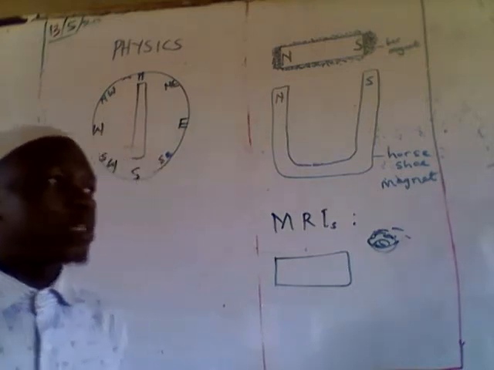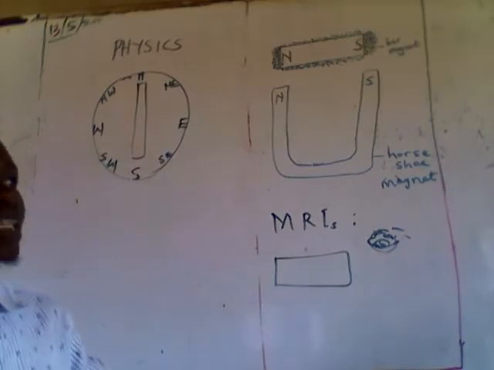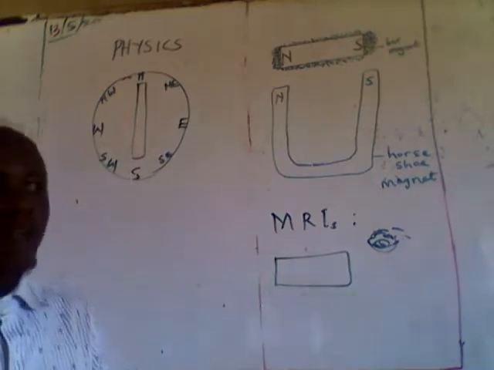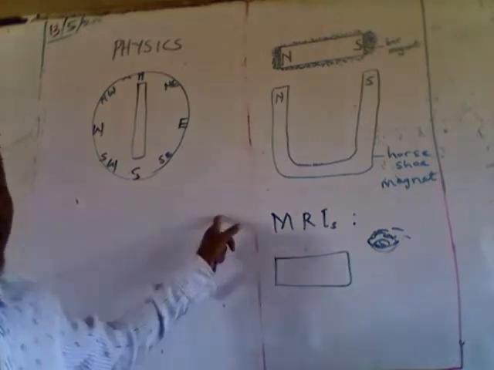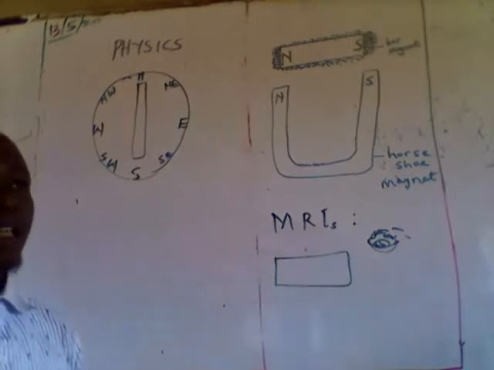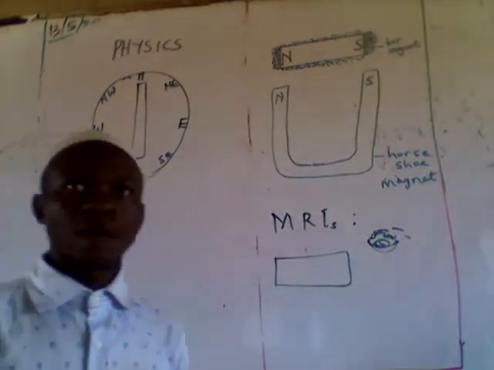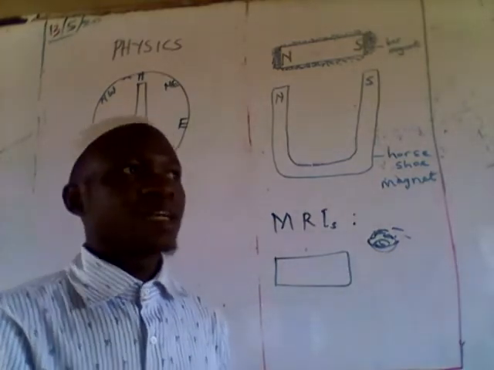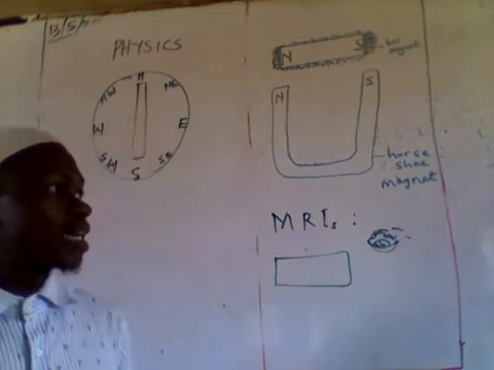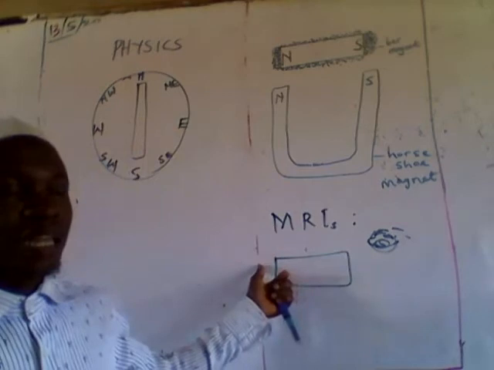The process of making a material which is initially not a magnet possess the characteristic or feature of magnetism is known as magnetization.